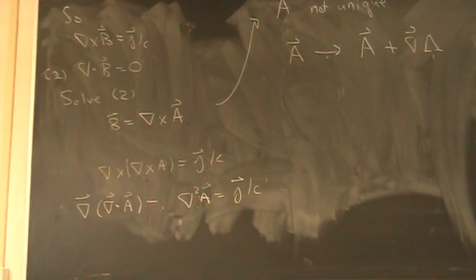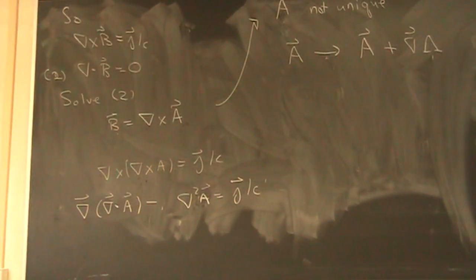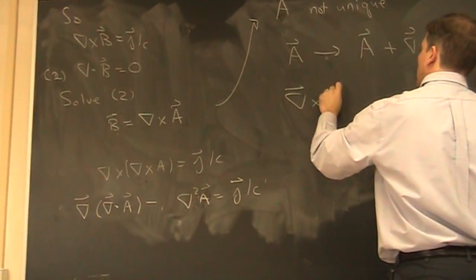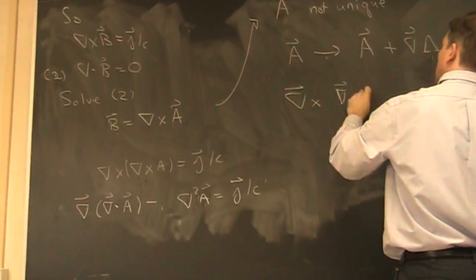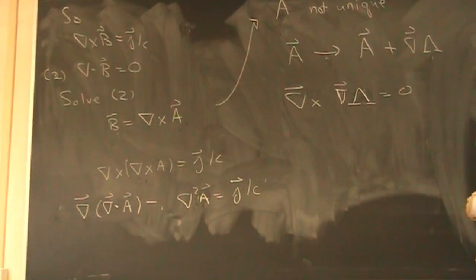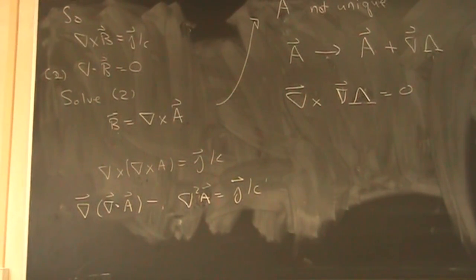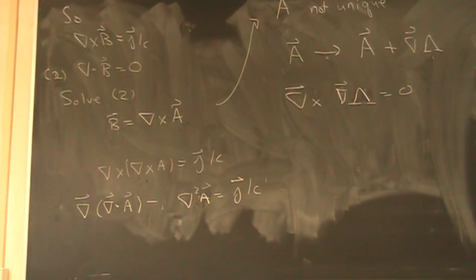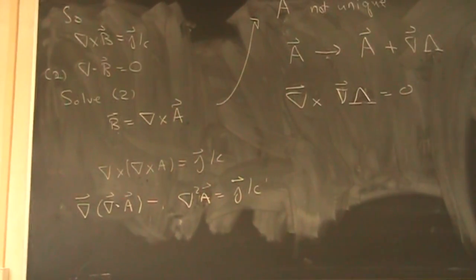And since the curl of a gradient of lambda is 0, you get the same B field. So you're free to replace A with another function, new A, with that replacement.